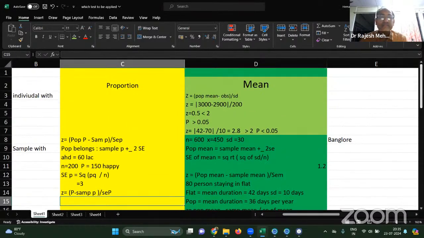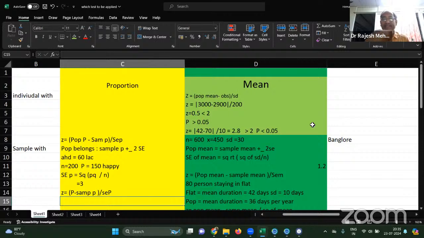So the answer is it will not be 100 or 200 like this, because if you just replace one person with another, the sample changes. There is a special formula for that, but at least you will have thousands of samples, not 100. Now remember that on the x-axis you take the proportion shown by a particular sample, and on the y-axis the number of samples showing a particular proportion.